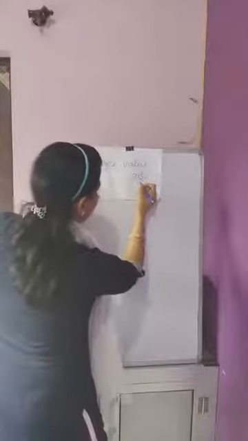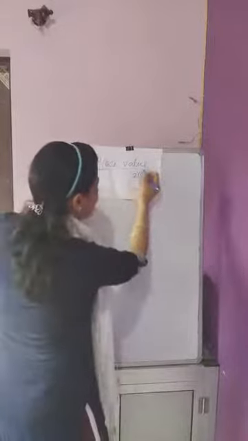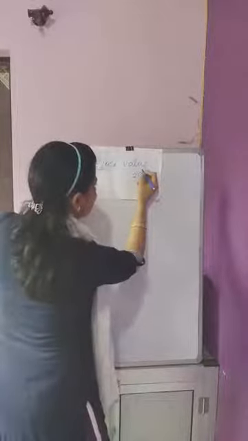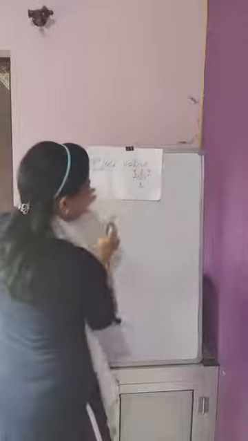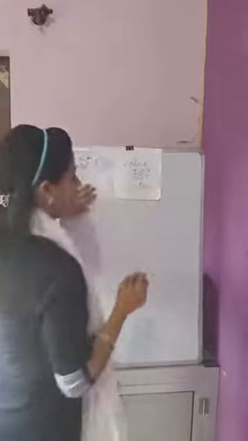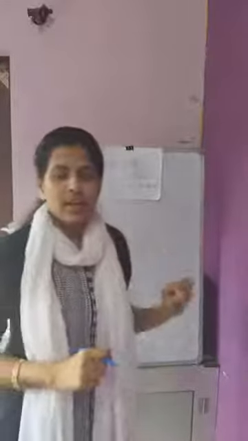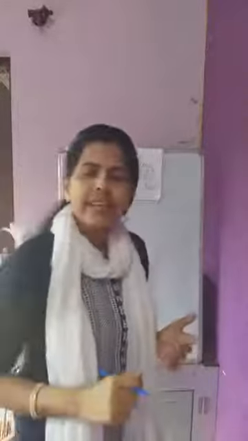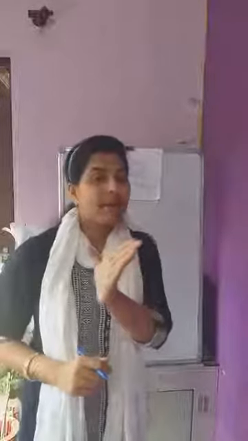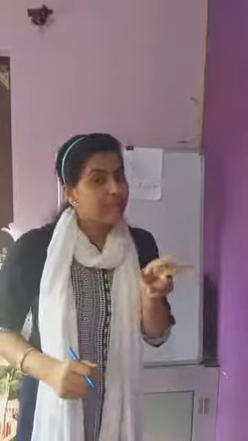That is 5 into its place, and its place is, this is ones, this is tens, this is hundreds. So its place is tens. Now its place value is 50. So you can say the place value means the place multiplied by that number, the product of place and that number.